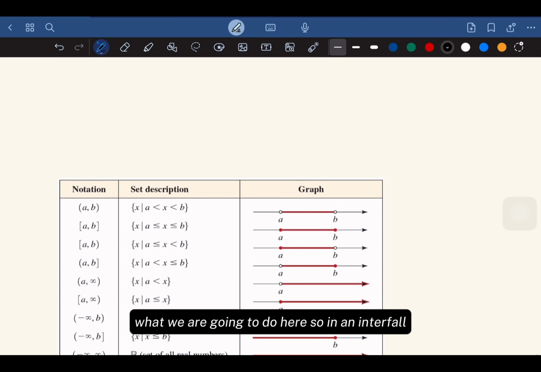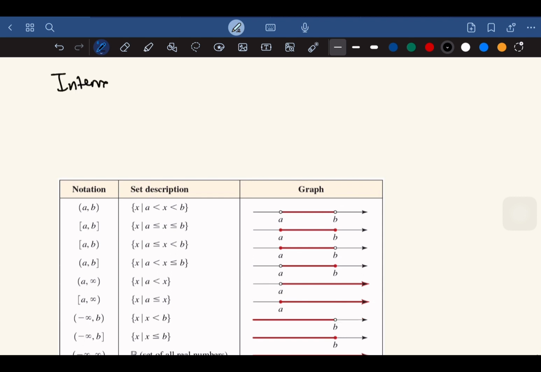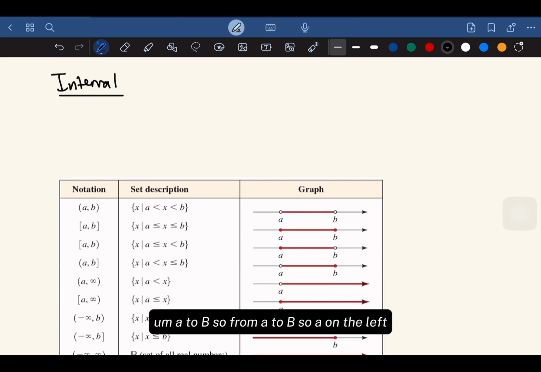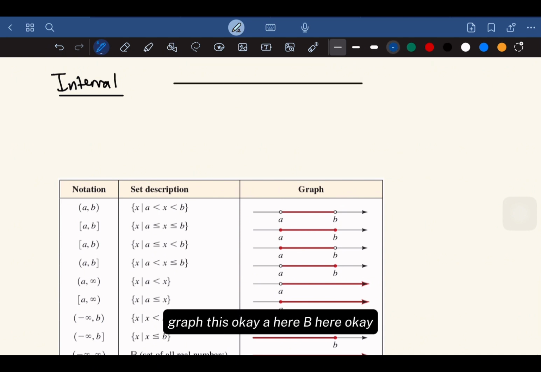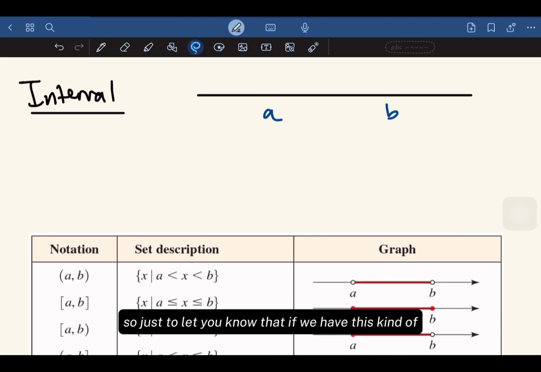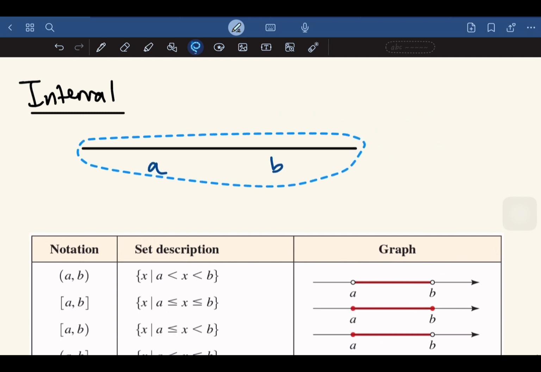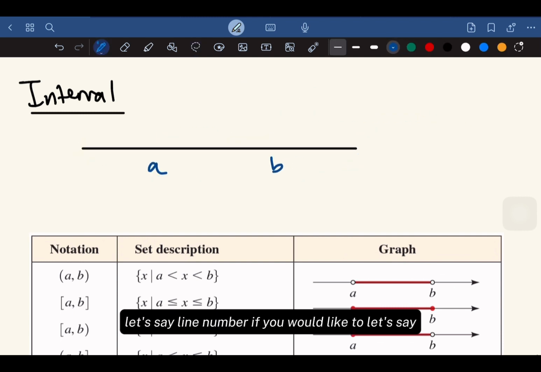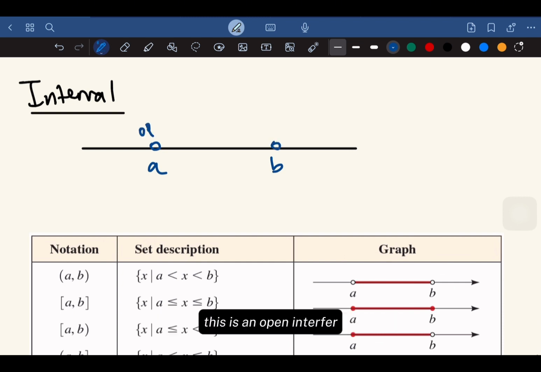So in an interval, let's say we have A to B, so A on the left and B on the right. Let me just graph this. A here, B here. If we have this kind of line number and we make something like this, we say this is an open interval.